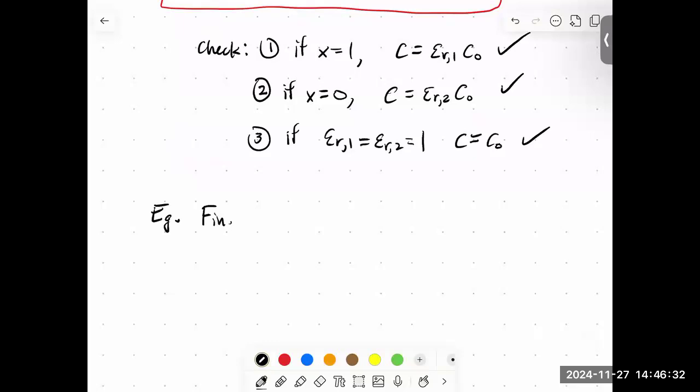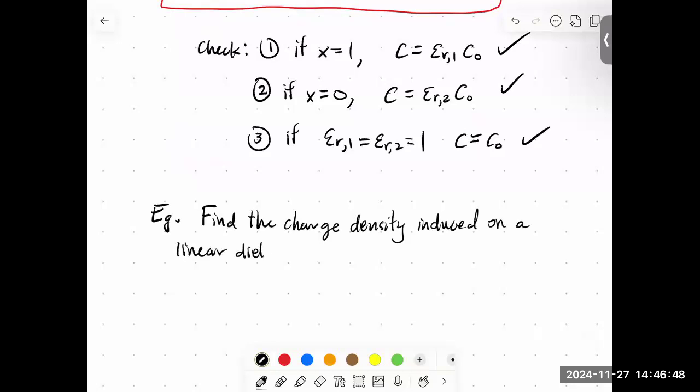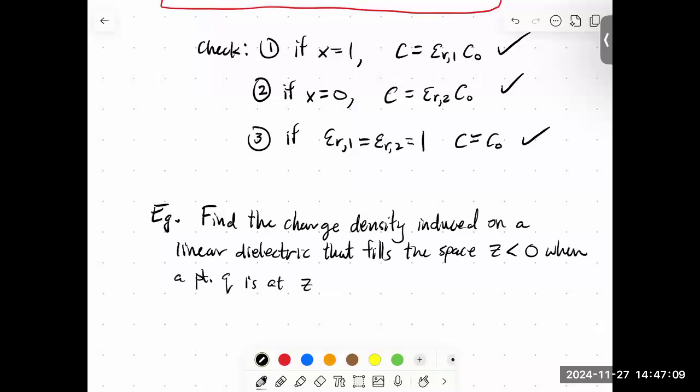So let's find the charge density induced on a linear dielectric that fills the space at z less than 0 when a point charge q is at z equals d.